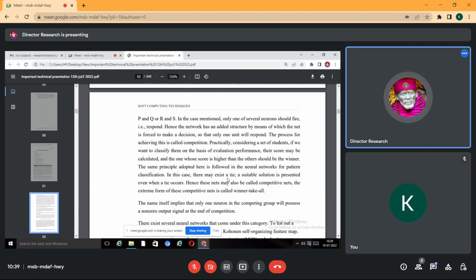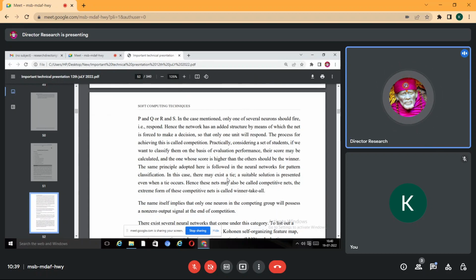Practically, considering a set of students, if we want to classify them on the basis of evaluation performance, their scores may be calculated, and the one whose sum is higher than the others should be the winner.